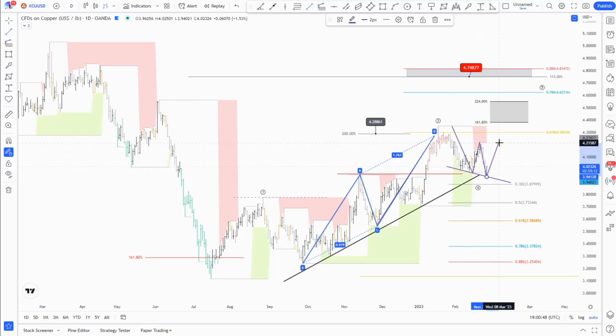It will be confirmed after the breakout of this previous structure resistance, and if that happens, we may see a move towards the golden Fibonacci extension, or even higher towards the 224% Fibonacci extension levels.